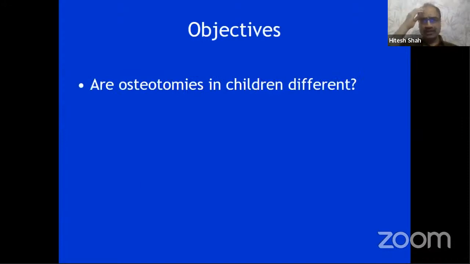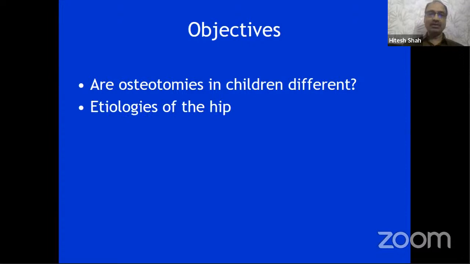So what are the objectives of my talk? I'm going to discuss how osteotomy in children is different from adults, because previously we used to perform the Bombelli osteotomy or valgus extension osteotomy or the McMurray's osteotomy for the neck femur. Why is this topic important?